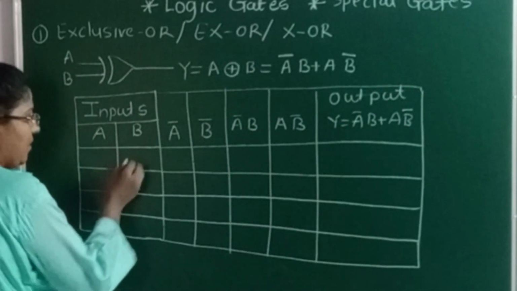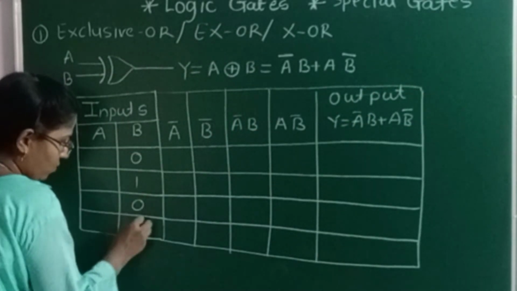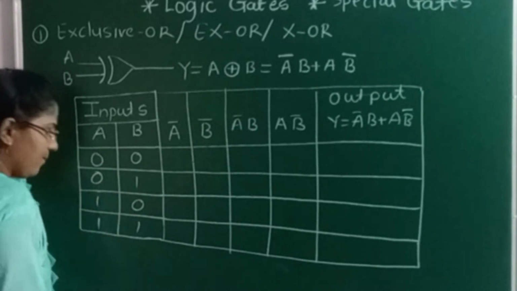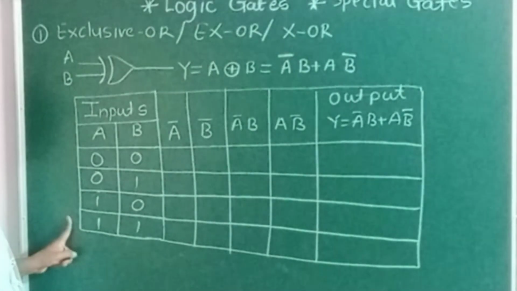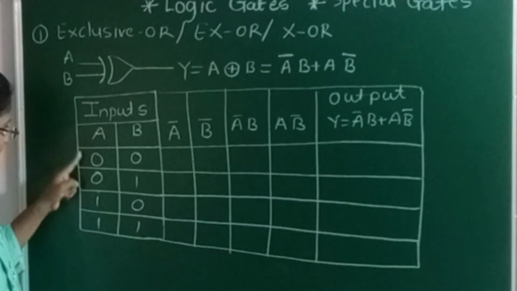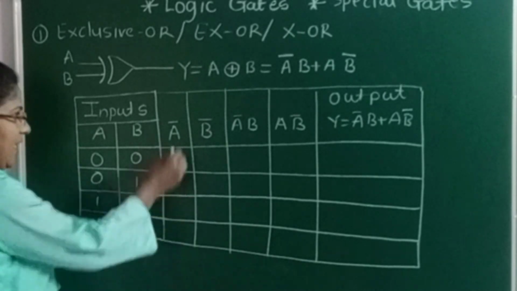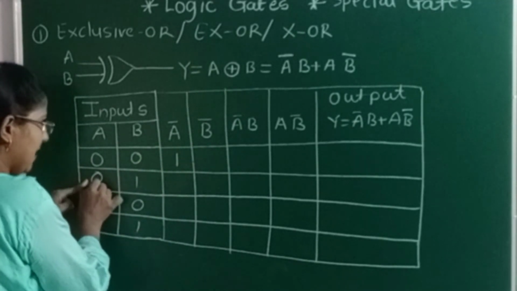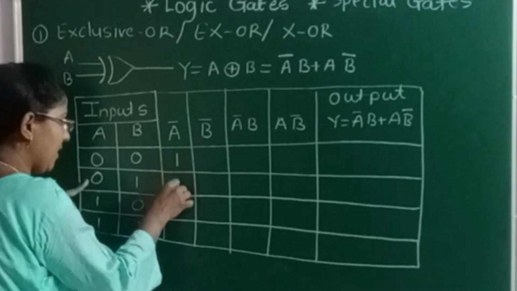So 4 input combinations: 0 1 0 1 0 0 0 double 0 double 1. So these are the 4 input combinations. For the value of A, double 0 double 1, A complement will be: here A is equal to 0, so A bar will be 1.